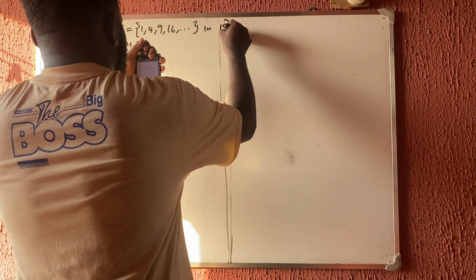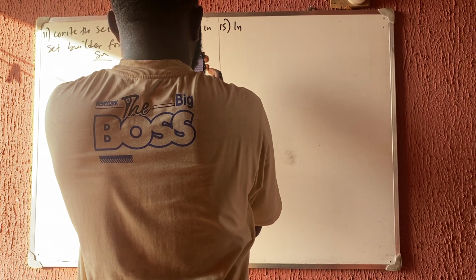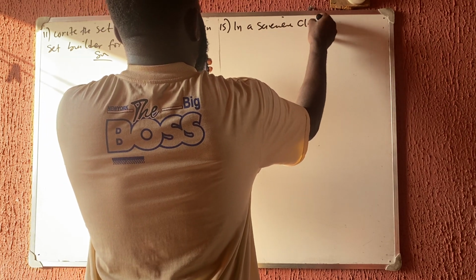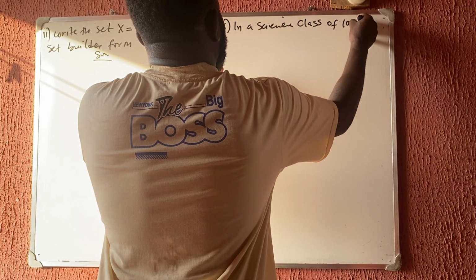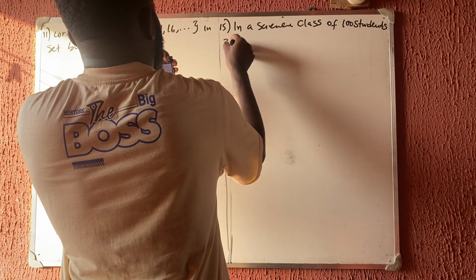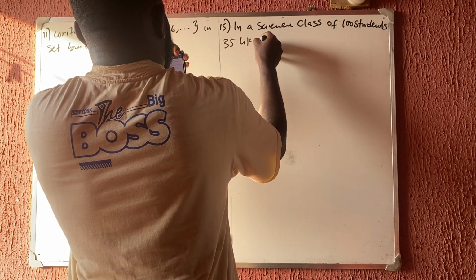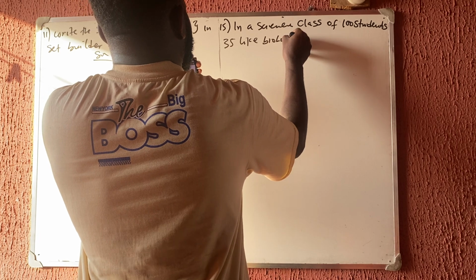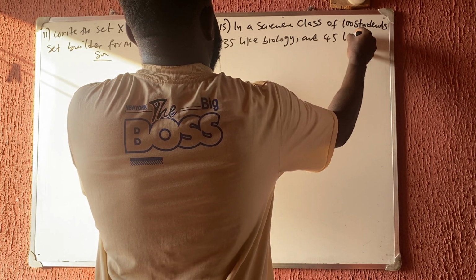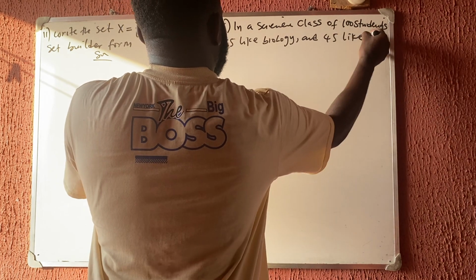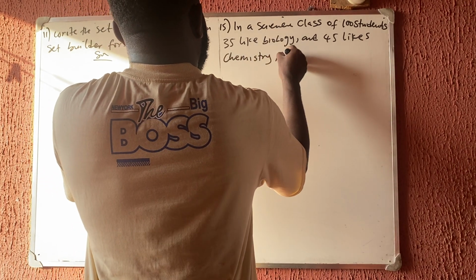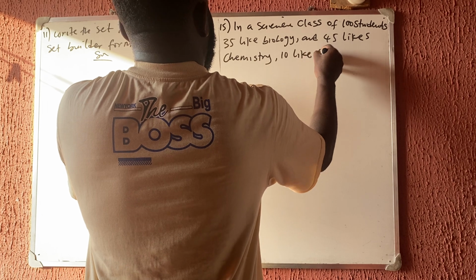So we go to question number 15, which is the last question. In a science class of 100 students, 35 like biology and 45 like chemistry, 10 like both.